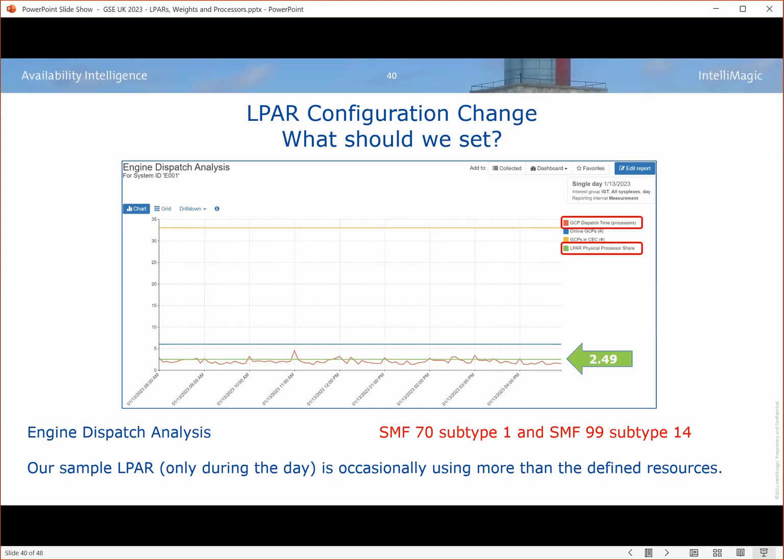To me, that's an indicator my LPAR definition, together with the number of processors on that KEC, is not enough for this workload. It's more than the 2.49 CP share that I've defined. So that's a clear indicator to me. I need to look at that. And we also see other limits here in this chart as well. This particular chart, engine dispatch analysis, is based on the RMF 70 subtype 1 data, and also the hyperdispatch SMF 99 subtype 14. Okay, so a lot of good information out of those two data sources.